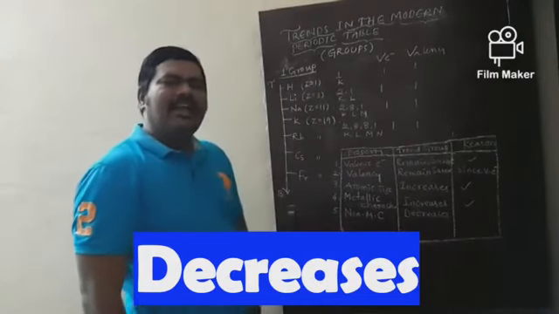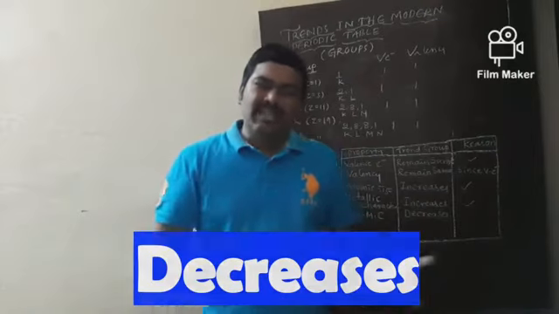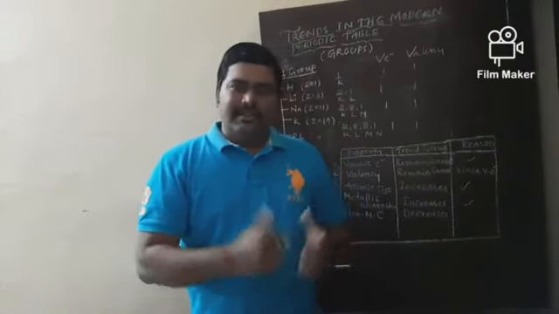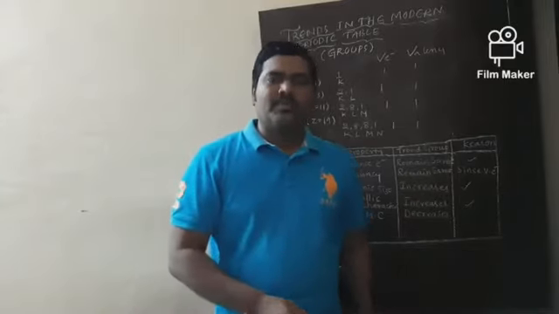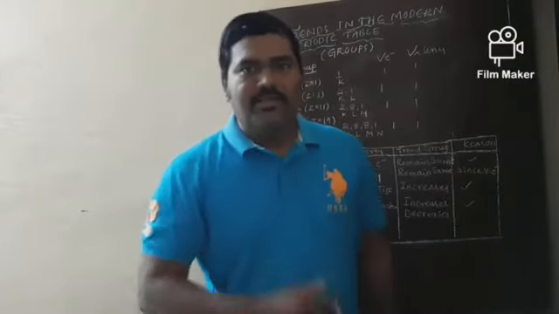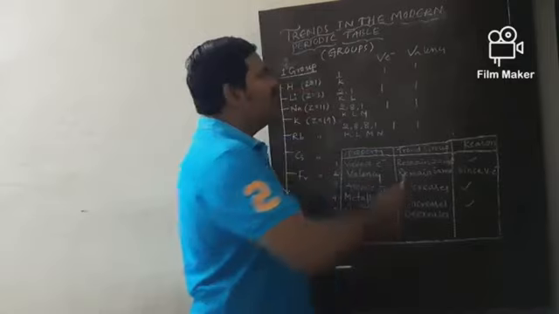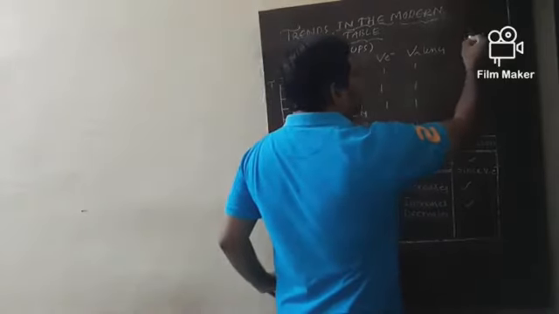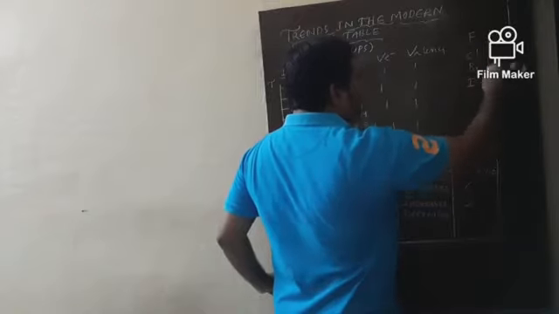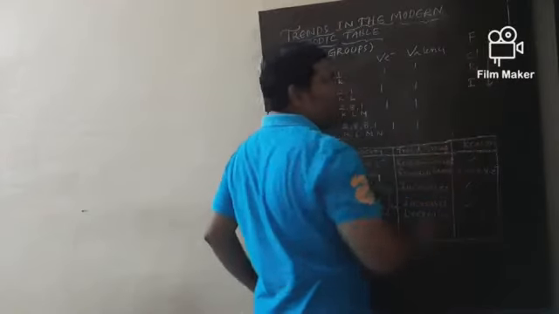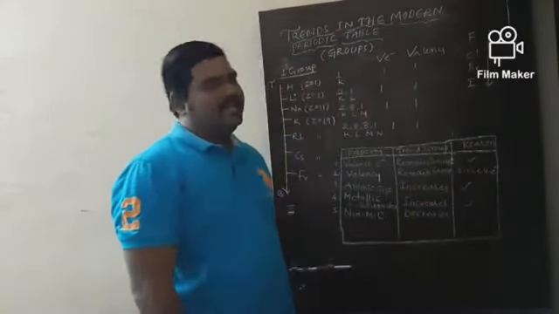Why does non-metallic character decrease? What is the reason for that? If you take any non-metallic group from the periodic table, for suppose group number 17 halogens, fluorine, chlorine, bromine, iodine, from fluorine to iodine, non-metallic character decreases.